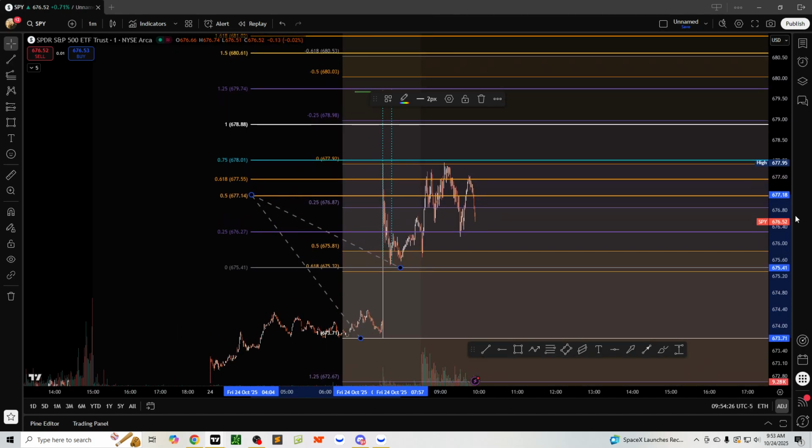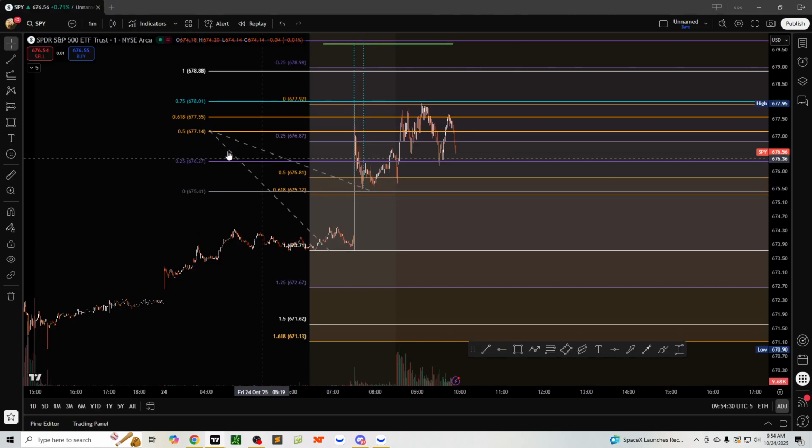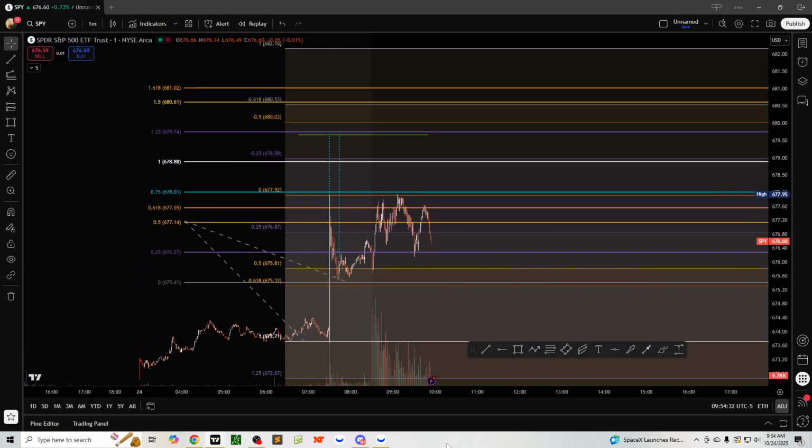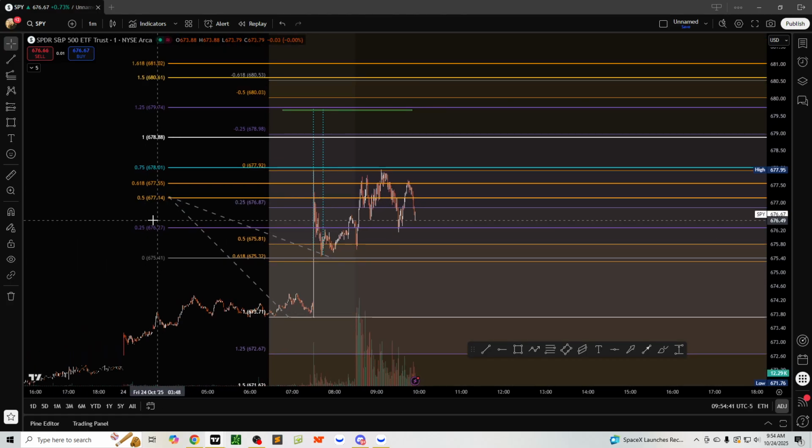It's really hard to see. All right, so the one with the shading in the background is the Fibs retracement. This without the shading is the extension. All right. So as we could see here, I'm going to make some lines where the range is because it's hard to see with everything on the screen.